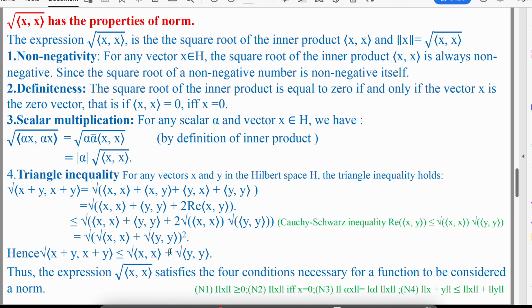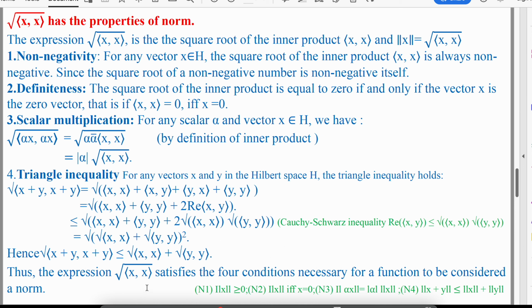So we have shown that the square root of the inner product of x plus y with x plus y is less than or equal to the square root of the inner product of x with x plus the square root of the inner product of y with y. So we have shown that it also satisfies the triangle inequality.